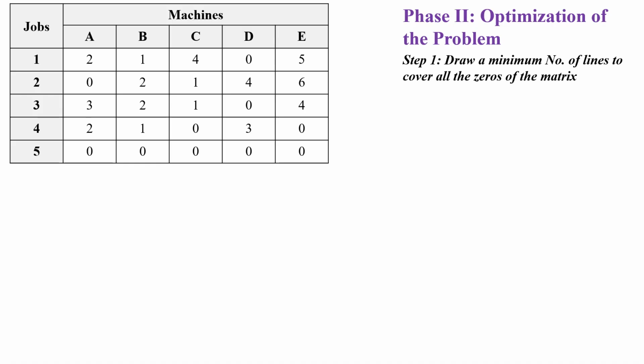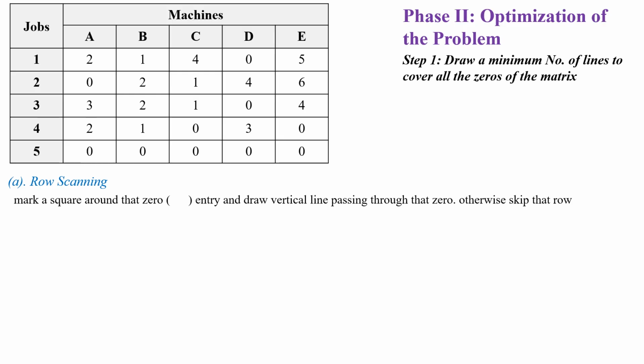In phase 2, the first step is to draw a minimum number of lines to cover all the zeros of the matrix. For this, first do the row scanning. In the row scanning, start with the first row and observe the row. If there is only one zero in that row, then mark a square around the zero and draw a vertical line passing through that zero.